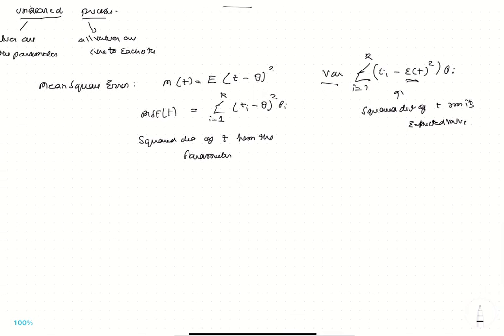So now if an estimator T for theta is biased, and the expected value of T, say, is m, then the bias of T is going to be the expected value of T minus theta, or m minus theta. The variance of T is going to be the expected value of (T minus m) squared, the squared deviation of T from its expectation m.